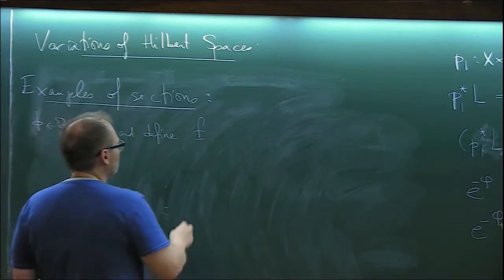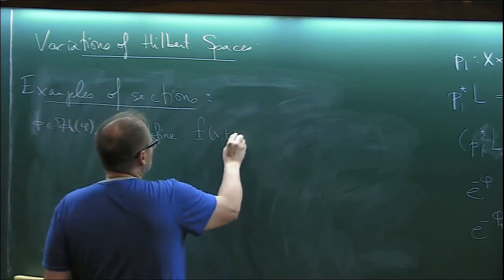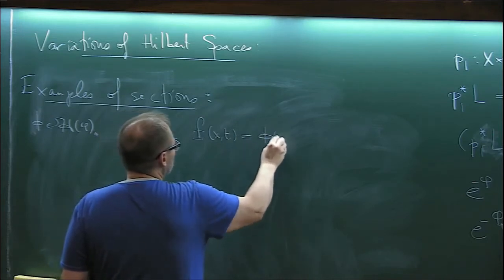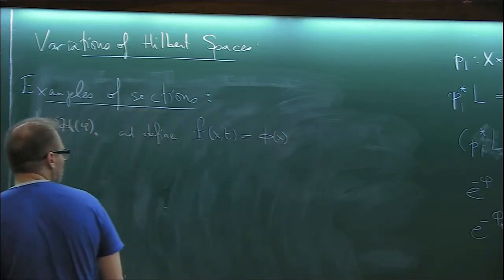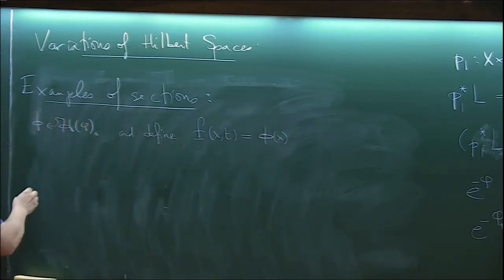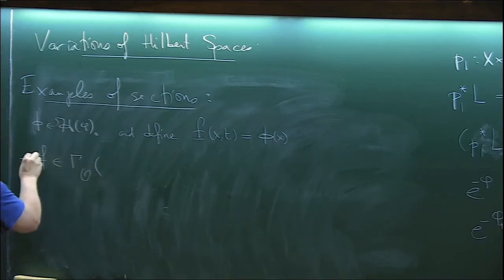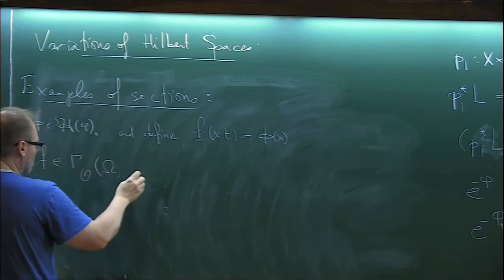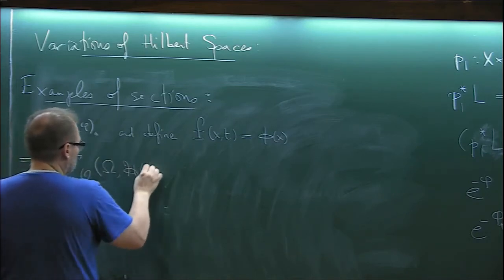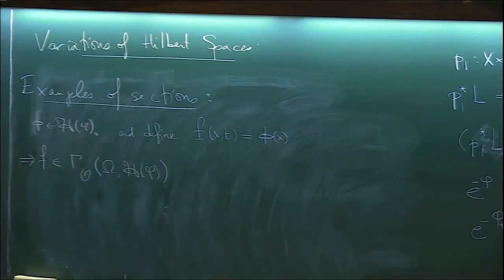And then we define F of x and t to be just phi of x. And then the corresponding F is holomorphic. Okay, so this is a simple example.